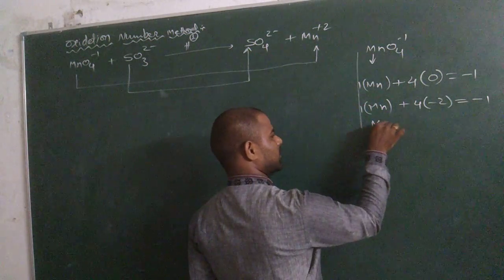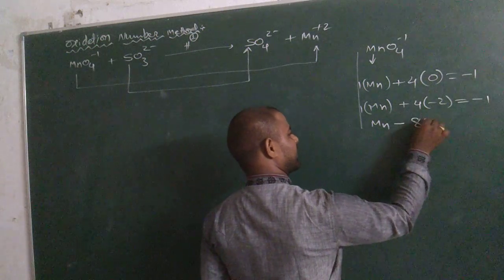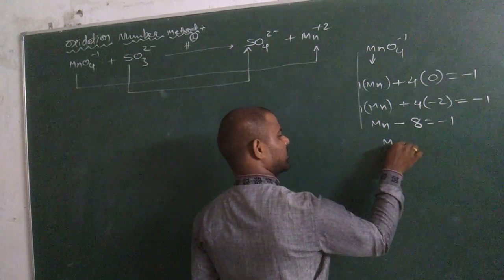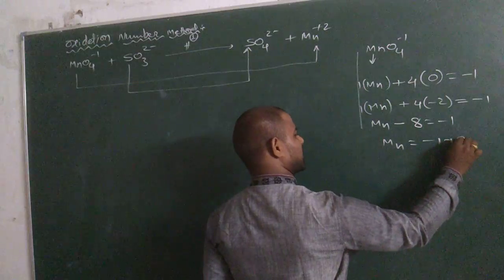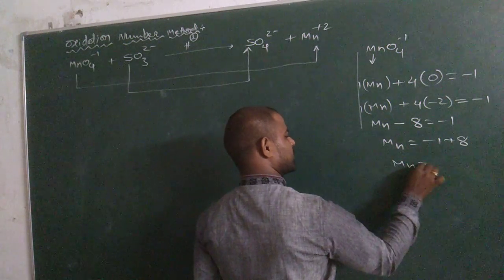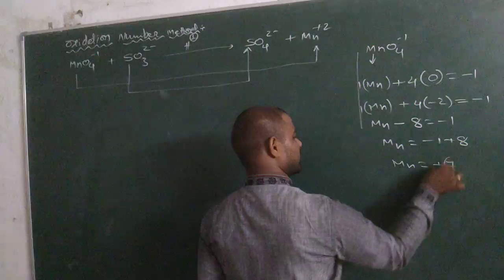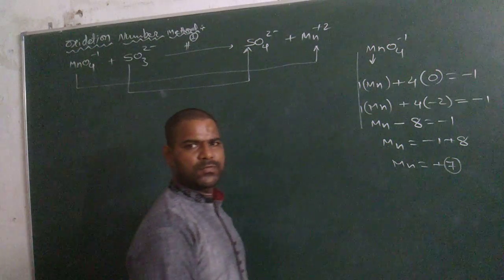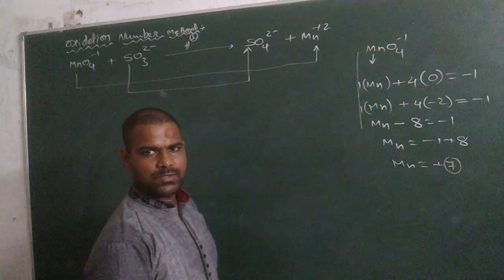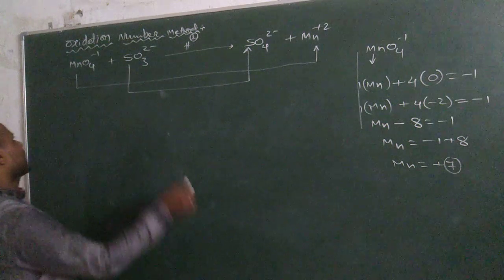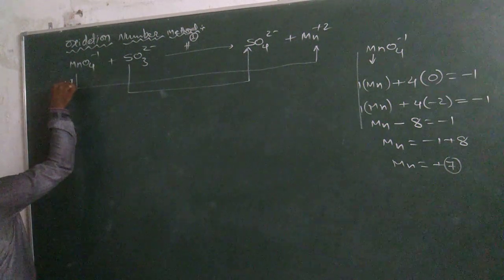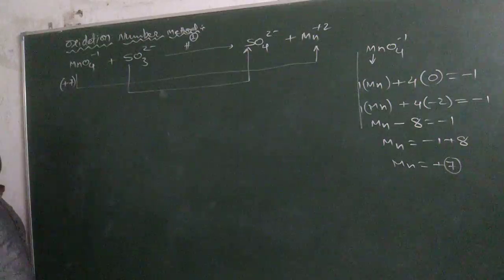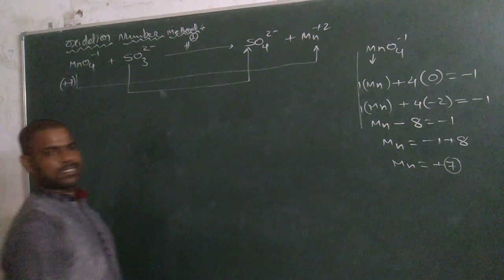So Mn minus 8 equals minus 1, then Mn equals minus 1 plus 8, then Mn is in plus 7 oxidation state in the MnO4 minus 1 ion. So in the MnO4 minus 1 permanganate ion, manganese is in plus 7 oxidation state.